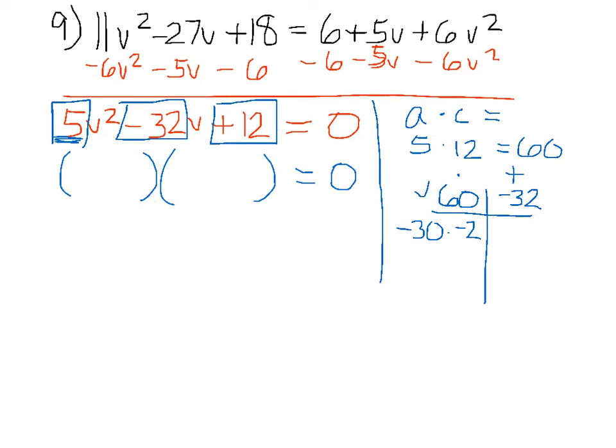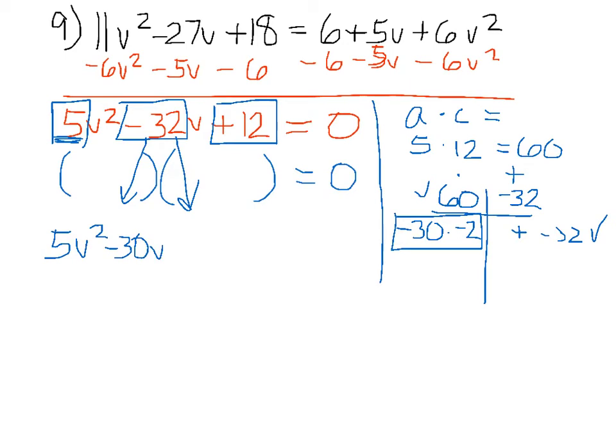And if I add them, I'll get negative 32, which is pretty cool. So that's the set of numbers, negative 30 and negative 2. And I'm going to draw some arrows here because we are splitting the middle term, which now gives us 5v squared minus 30v minus 2v plus 12.